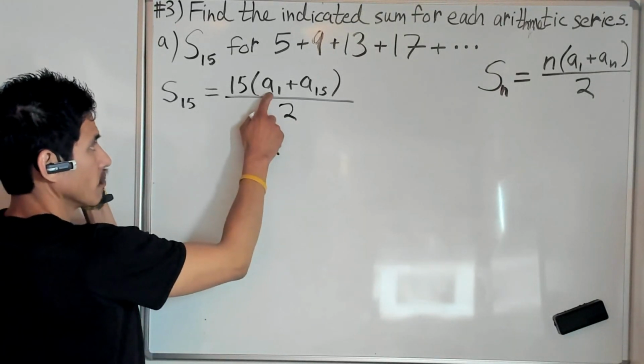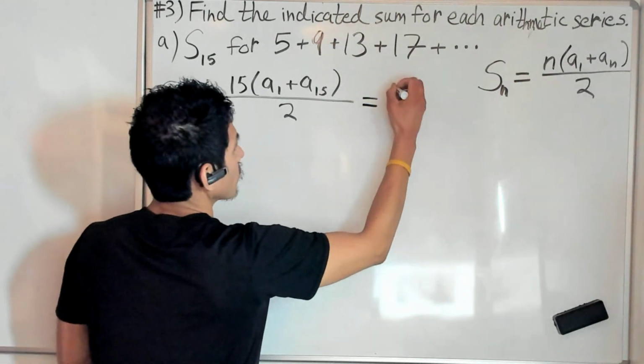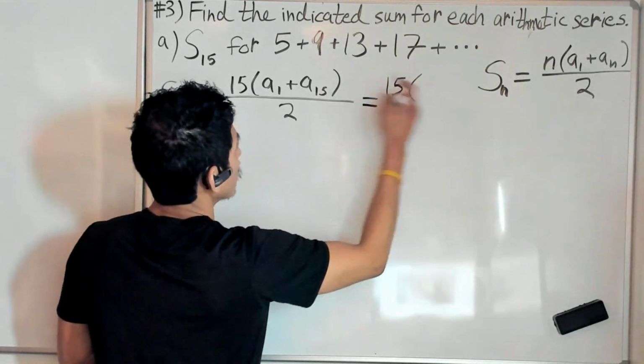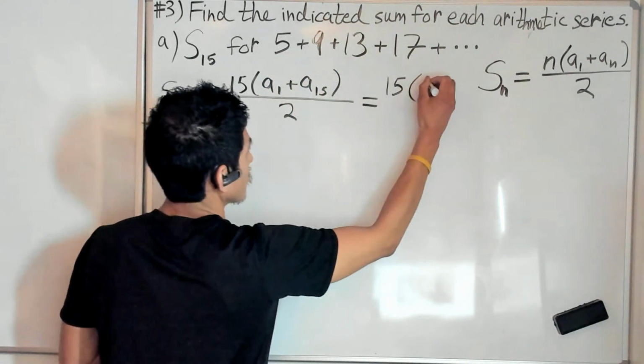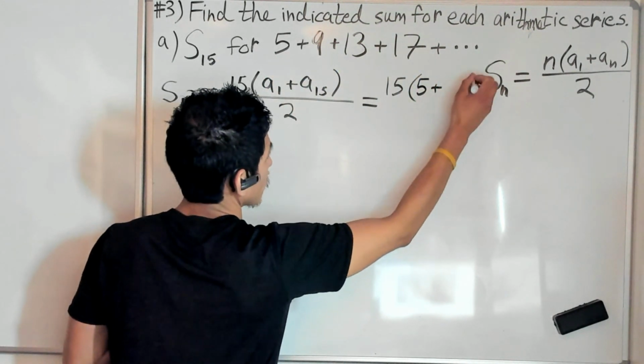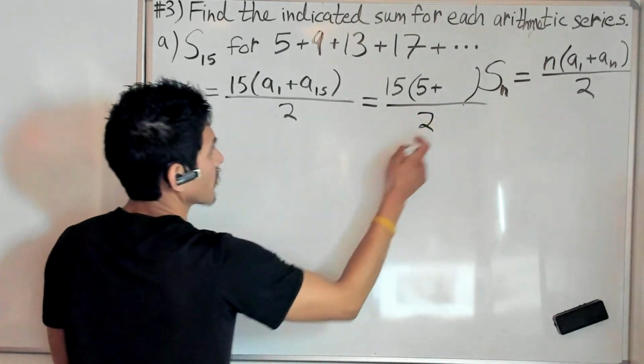We need to find a1 and a15 for this to work. A1 is just going to be 5, because that's the first term. A15 is what we have to find. We don't have that yet, so we're going to leave that as is.